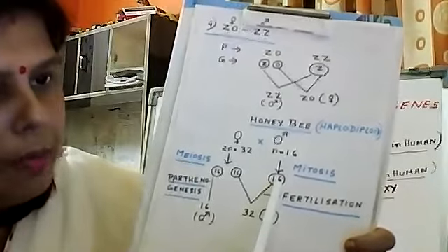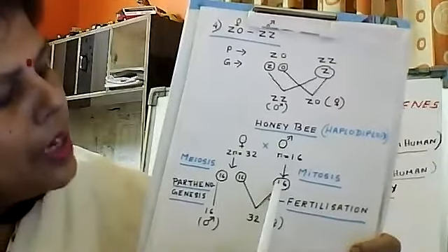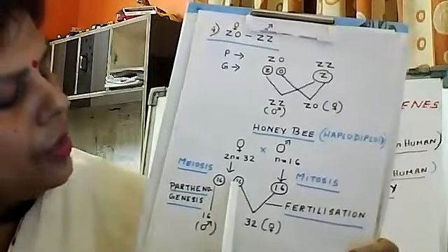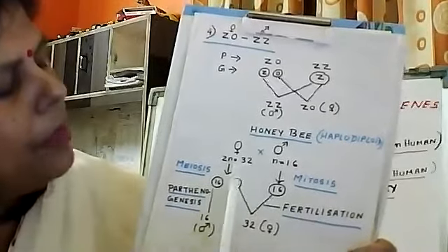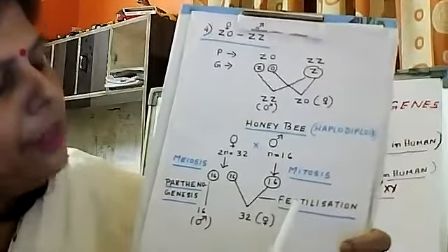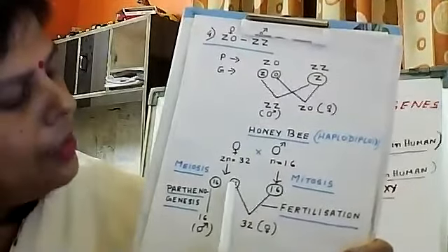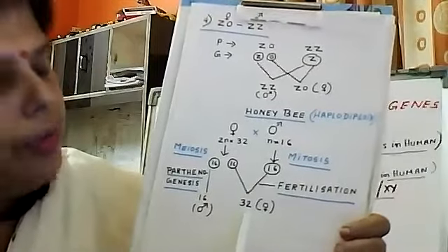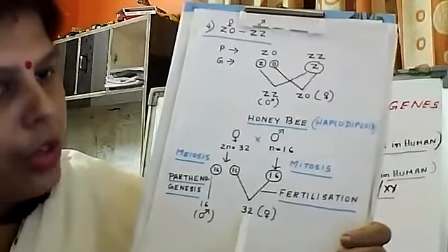That is also male. Now some of this male 16 mate with gametes from the female, and there fertilization takes place. If fertilization takes place between the female and the male gametes, it gives rise to only female, that is 32 chromosomes.